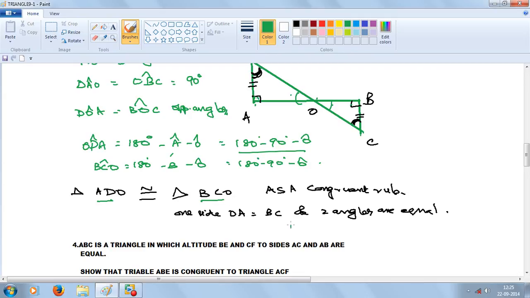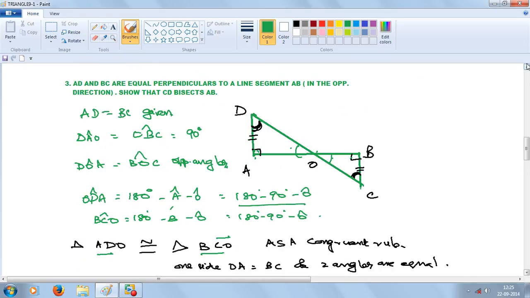So what is the conclusion? Therefore, CO is equal to OD, in the same order. Now what about AO and OB?